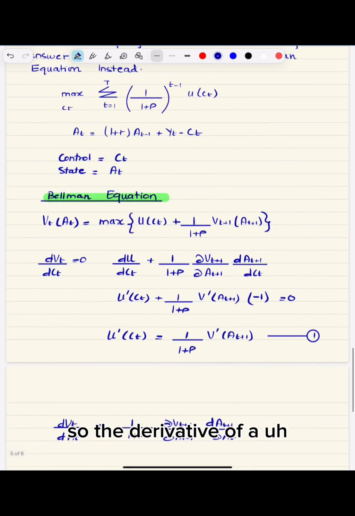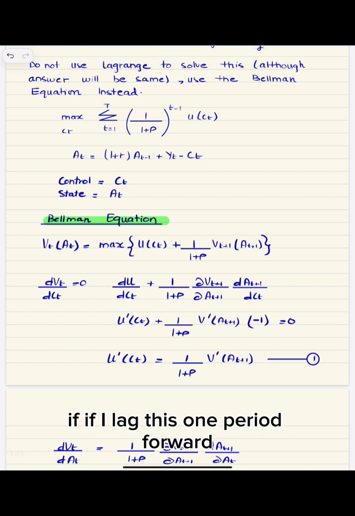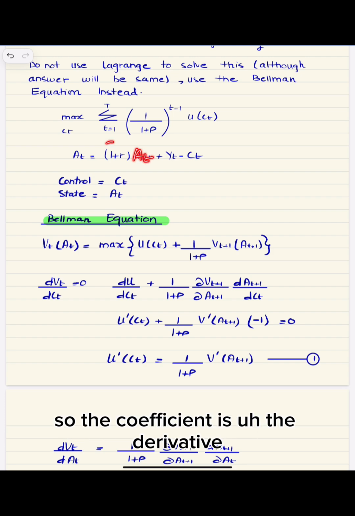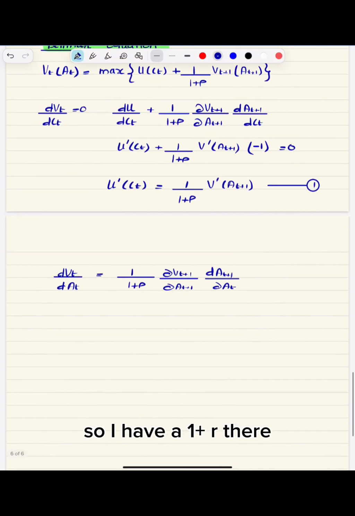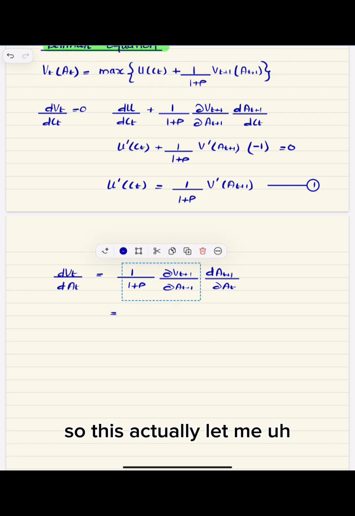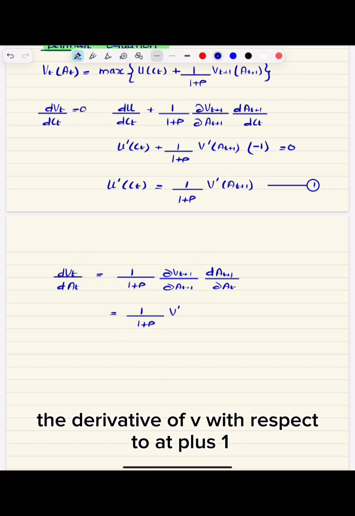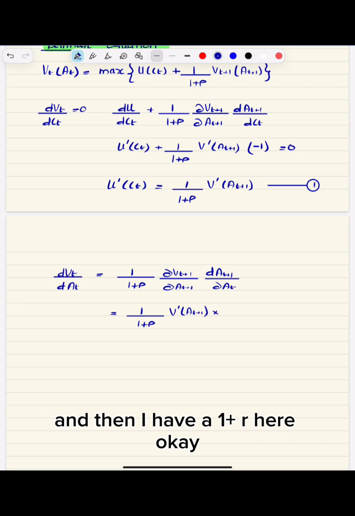So the derivative of v, if I lag this one period forward, I'm going to get an a_t here. So the coefficient is the derivative, so I have a 1 plus r there. Actually, let me rewrite this as the derivative of v with respect to a_{t+1}, and then I have a 1 plus r here.